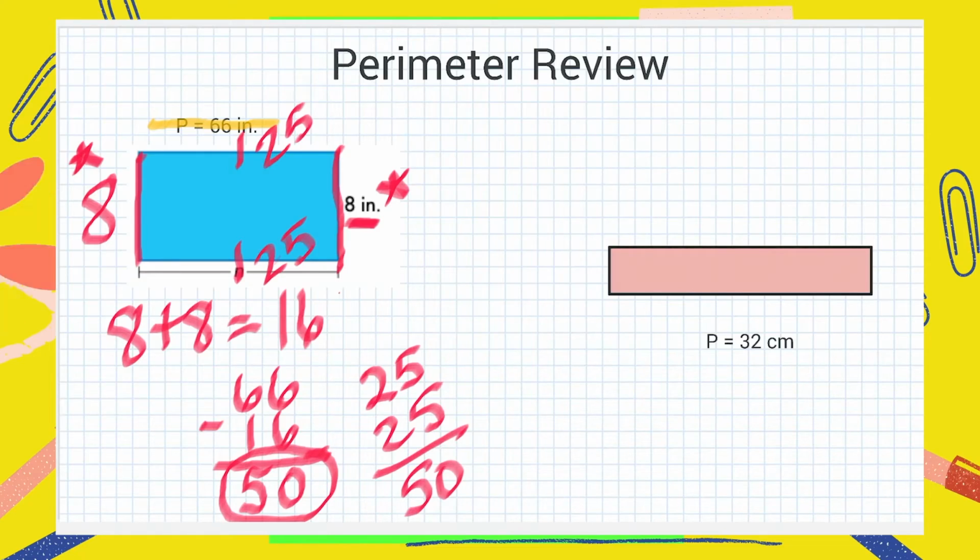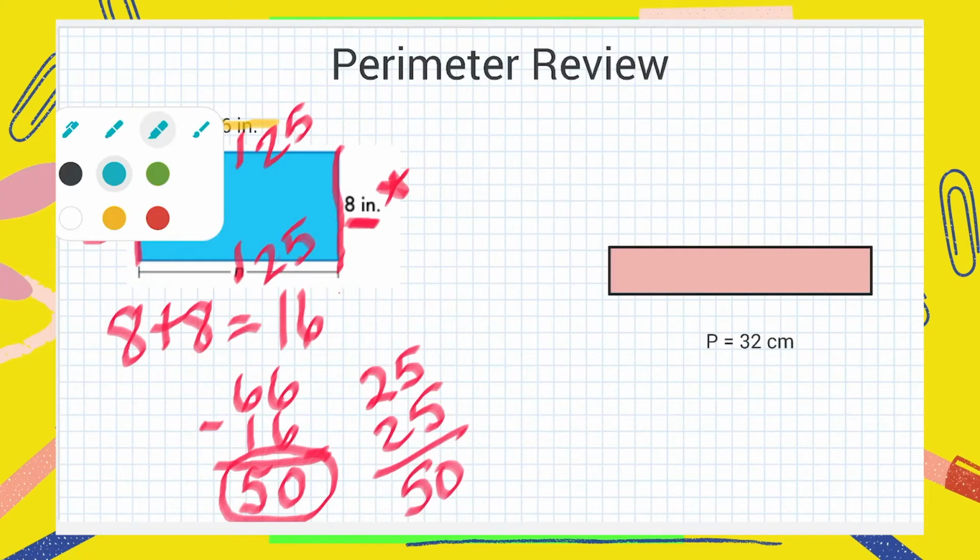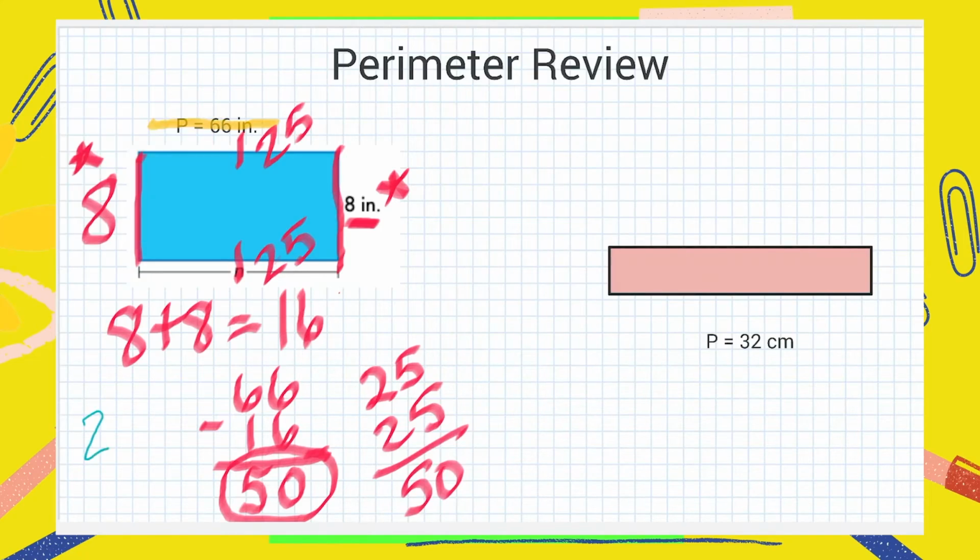Excellent. So the answer to the missing side length of this problem is 25 inches. N equals 25 inches. Pat yourselves on the back.